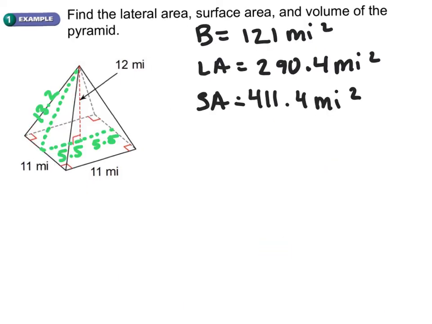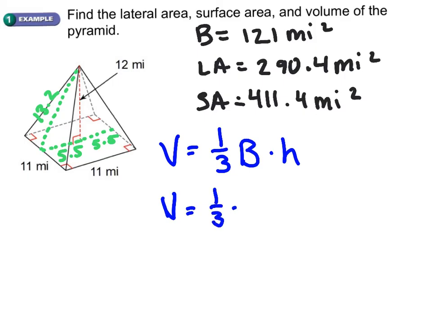Now the final calculation it asks us to complete is the volume. So our volume equals 1/3 the area of the base times the height. In this case, the volume is 1/3 times the area of the base, 121, times the height, which is the distance from the apex of the pyramid to the base, which in this case is 12.